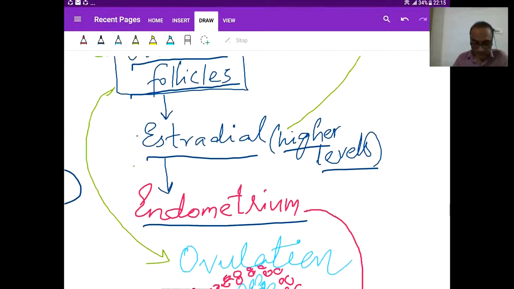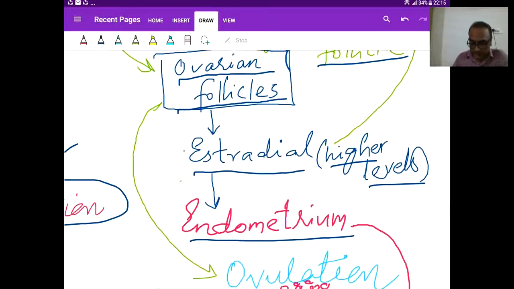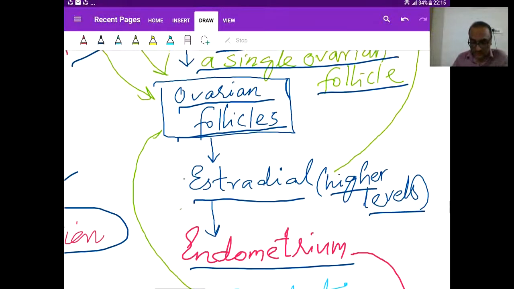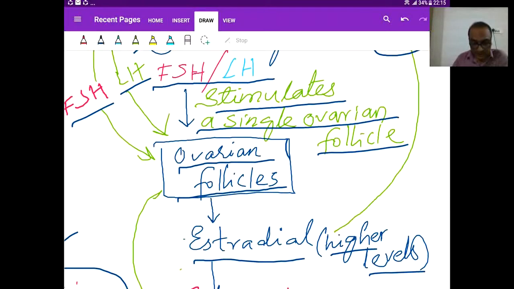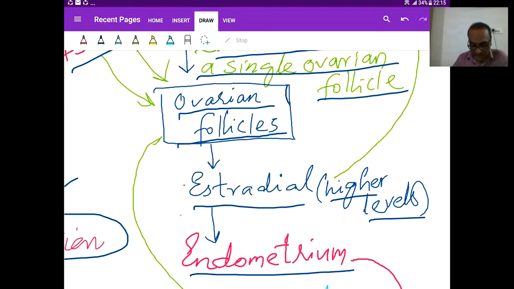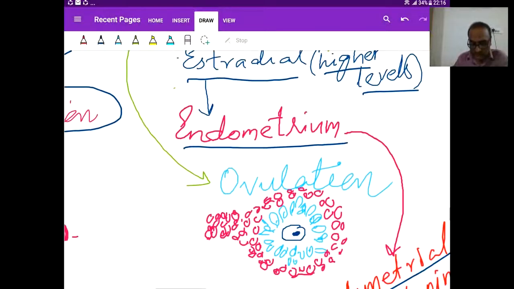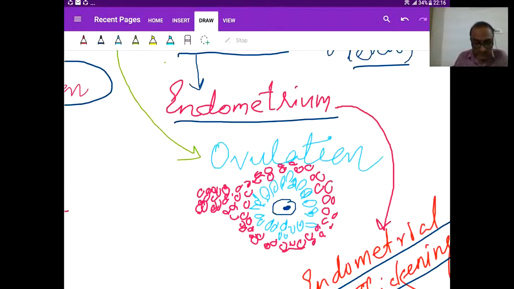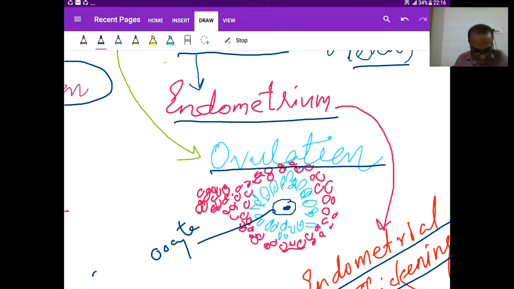Now, another function we see is that when there is a surge of LH and an increase in FSH and estradiol, inside the ovaries the Graafian follicle ovulates and releases the oocyte. That is the secondary oocyte surrounded by zona pellucida, zona radiata, and the cumulus oophorus also.